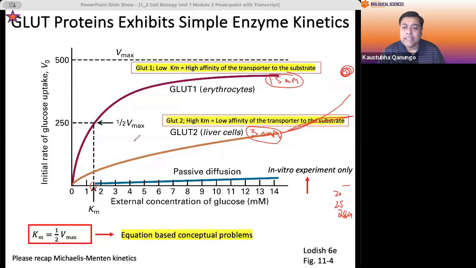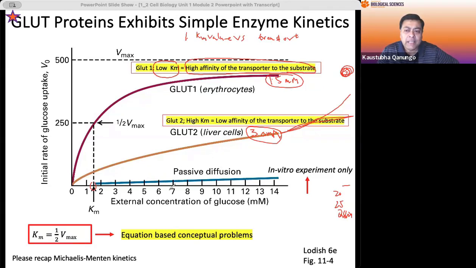Now see how this affects the transport of glucose and what the physiological concentration related factor is. These are the two things that happen. Number one is Km value versus transport. So that is the first important thing. If there is a low Km value, that means the transporter has a high affinity to bind to the substrate, which is glucose, and transport it.